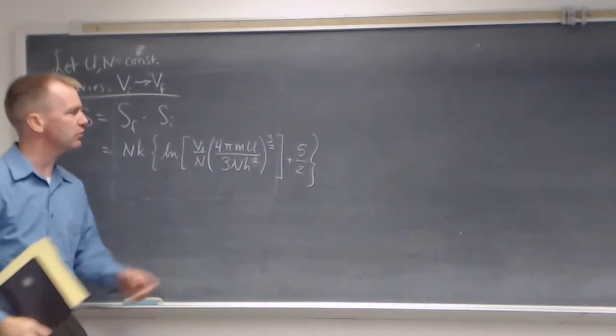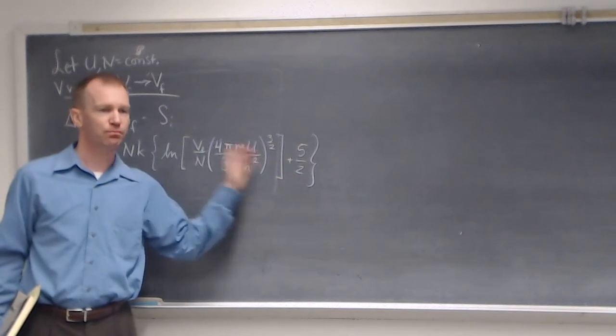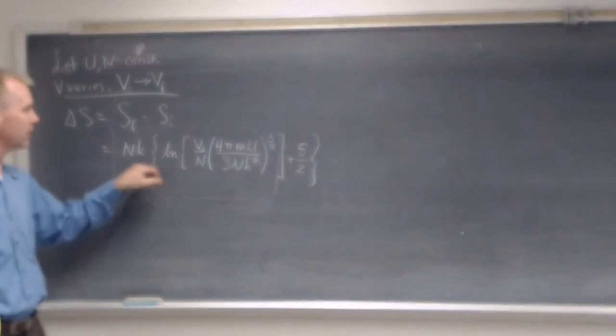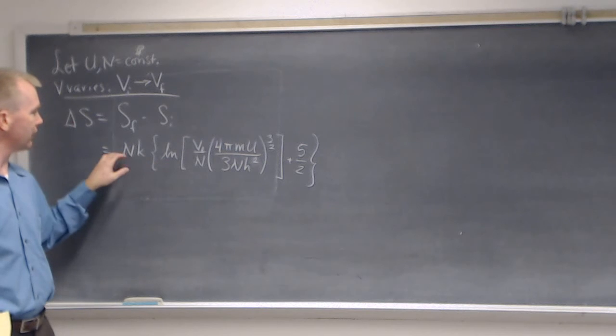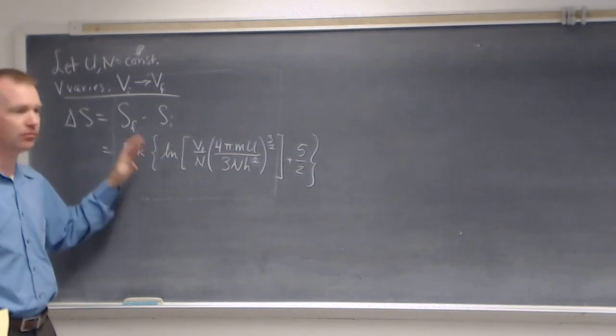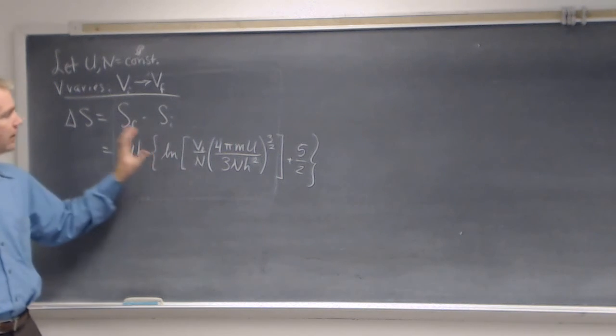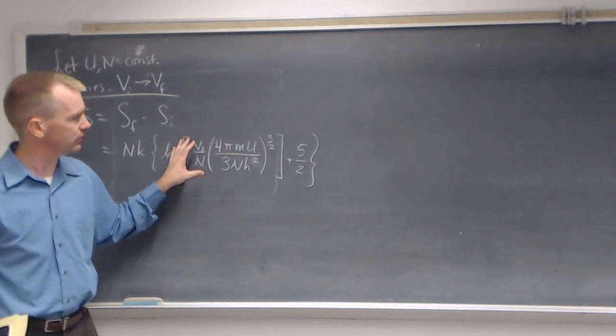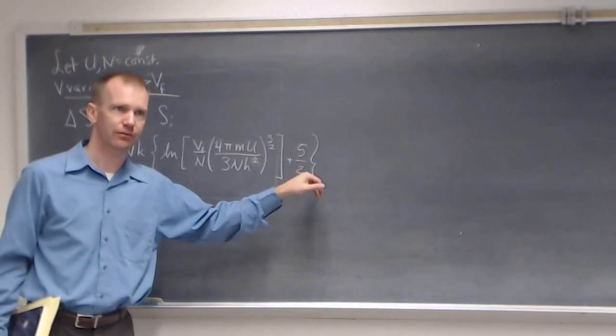And notice, by the way, that you've got this 5 halves stuck outside the natural log. So you have nk times, in braces, the natural log of all this stuff, and then plus 5 halves.